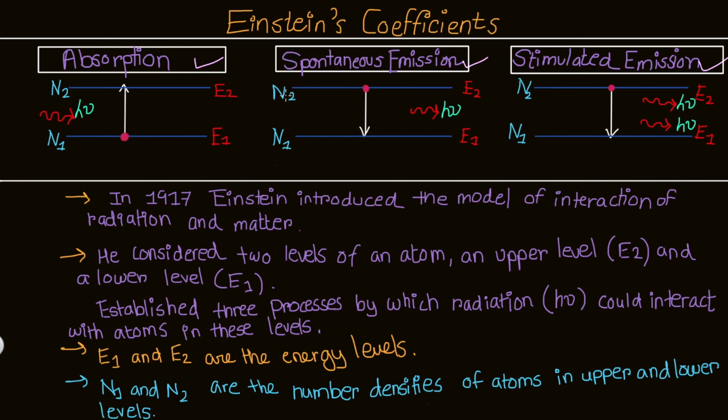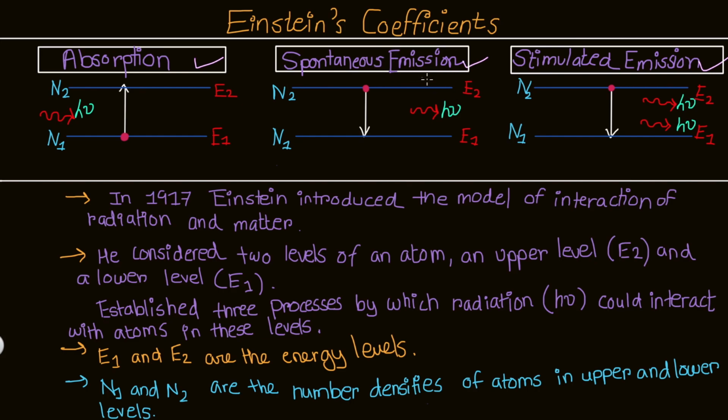The second one is spontaneous emission, which is basically that it's spontaneous, it's not induced, nothing triggers it. That's what it's called, spontaneous emission. Spontaneously, the atom jumps from the upper level to the lower level, and that causes a photon to be emitted.